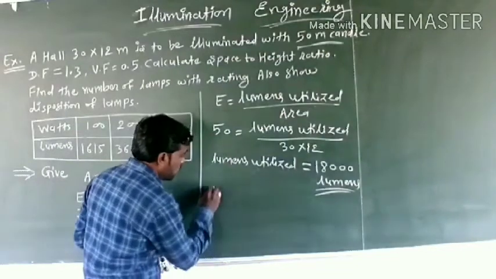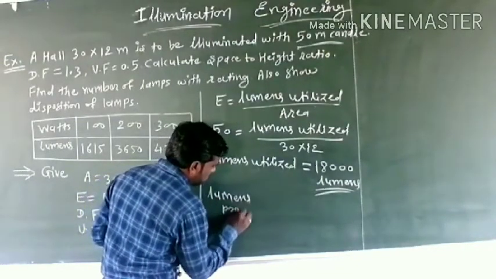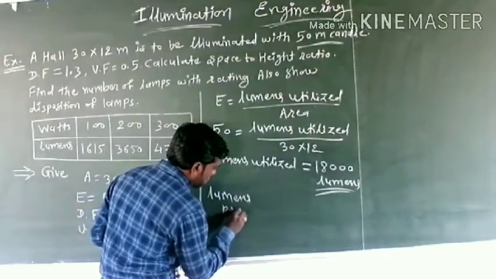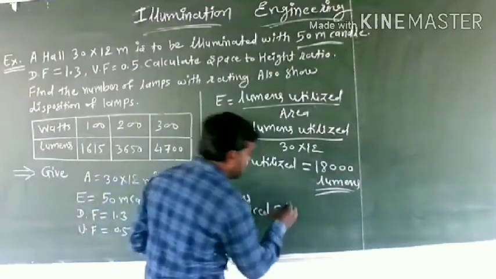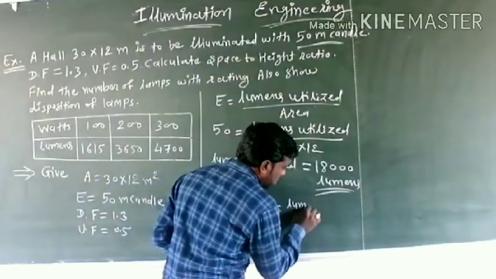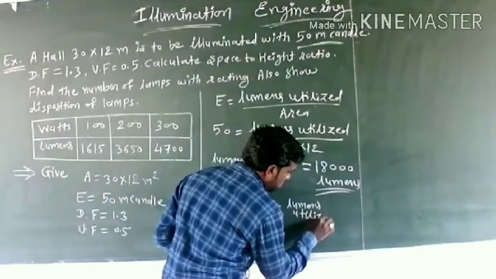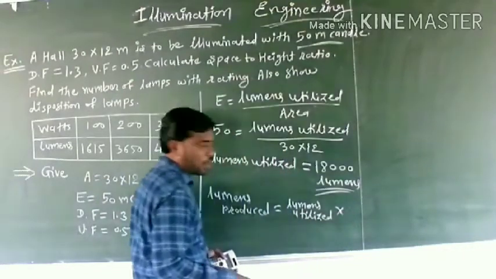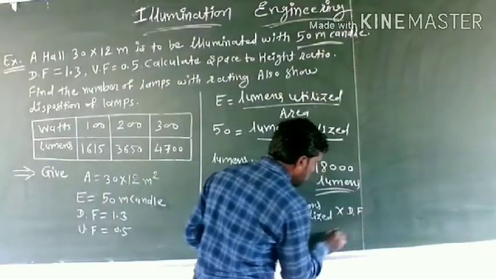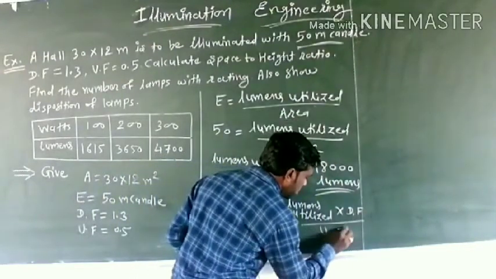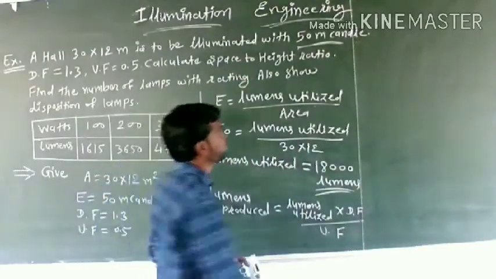So here lumen produced is equal to lumens utilized into D up upon U up.